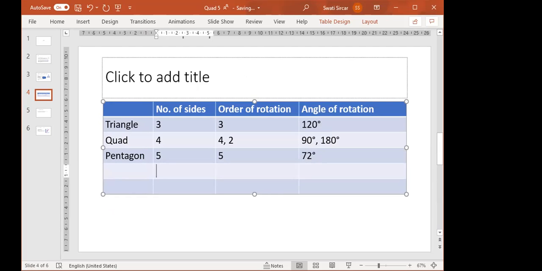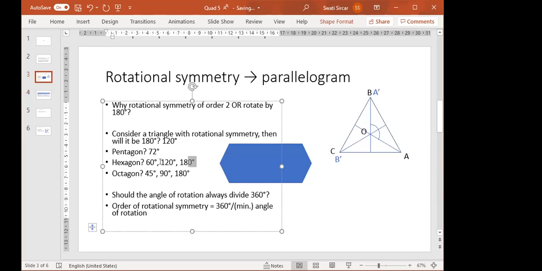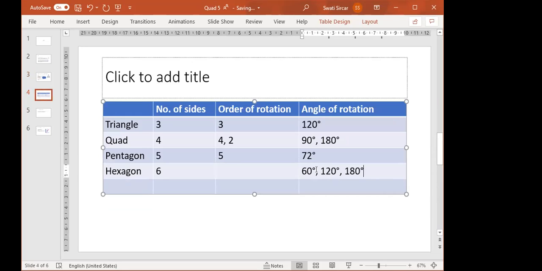So the order is going to be 5. Hexagon, you have seen it to be, let's just copy paste from the previous slide. So the orders are, now do you see a certain pattern in this? What are the possible orders of rotation?